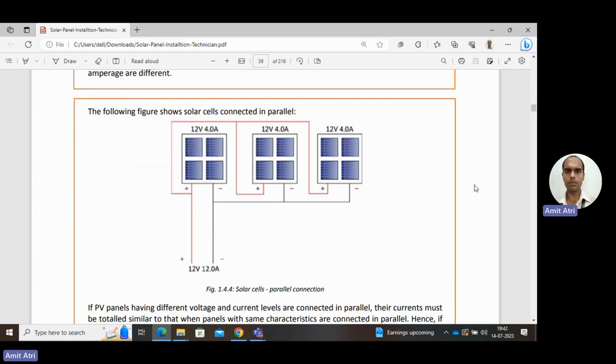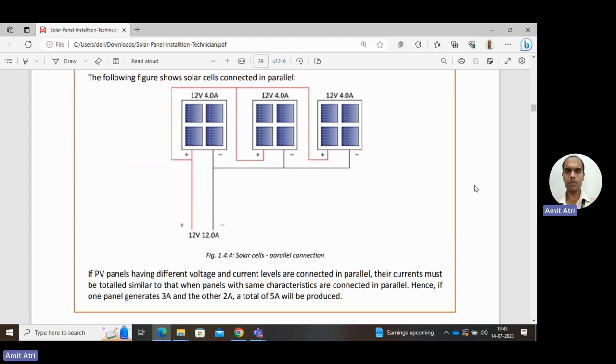The positive of each solar cell is connected to one point in the output, and the negative of each solar cell is connected to another point in the output. Now the total output voltage is still 12 volt, because in parallel voltage remains the same. Current adds on, 4 plus 4 plus 4, 12 ampere.